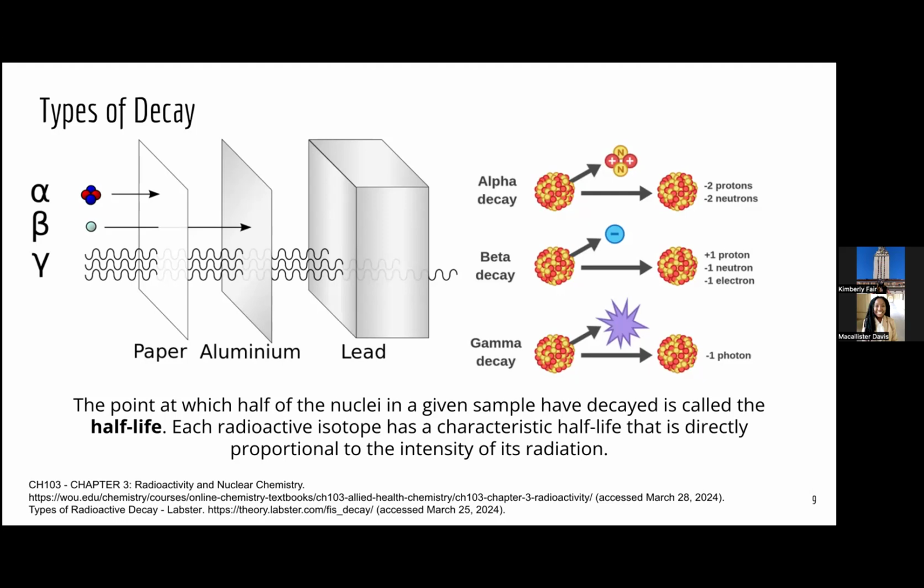One of the key ways that we quantize radiation is by looking at the element's half-life. This is the amount of time that a radioactive isotope will decrease by half of its radioactive nuclei. Each radioactive isotope additionally has a characteristic half-life that is directly proportional to the intensity of its radiation.